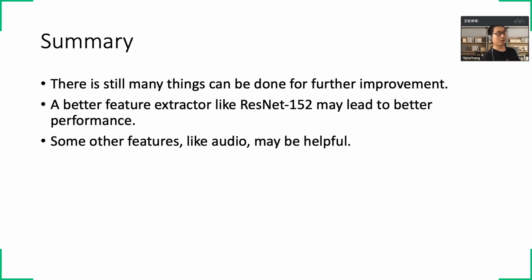And then, to summarize, I think there are still many things that can be done for further improvement. For example, a better feature extractor like a bigger ResNet may lead to better performance.